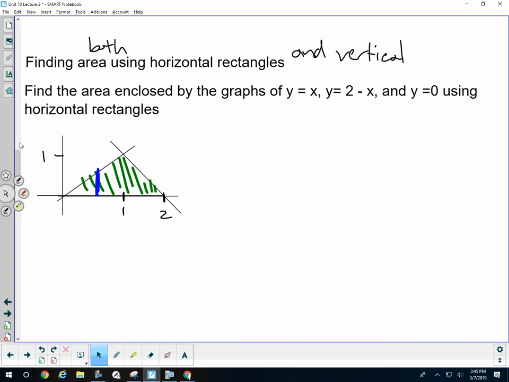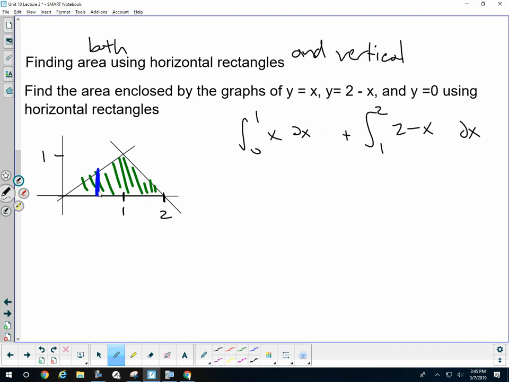So we need two integrals using vertical rectangles, one from 0 to 1 of the x, and then another one from 1 to 2 of the 2 minus x. You can have a minus 0 at the bottom, but minus 0 obviously doesn't do anything. So this is our vertical. This is what we're used to.